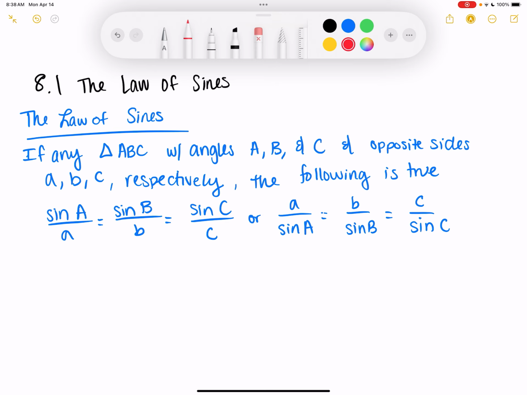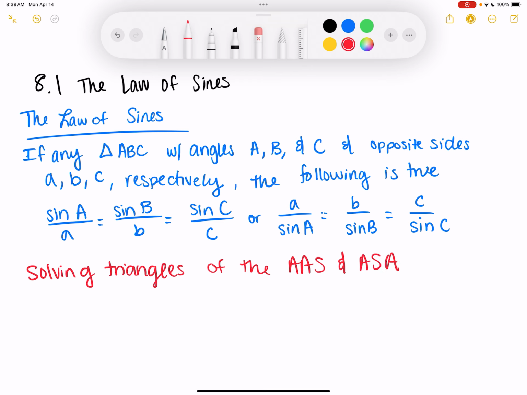Anyways, so as far as actually solving triangles, the angle, angle, side, and angle, side, angle cases, each of these produces one triangle. And you're probably thinking, how in the world can I ever have a situation other than just one?